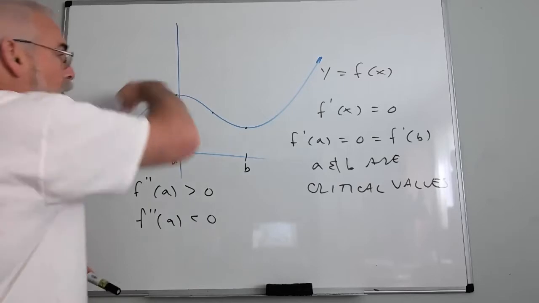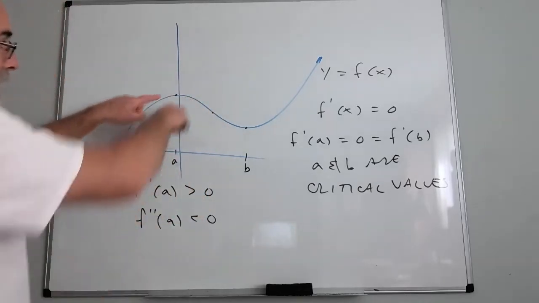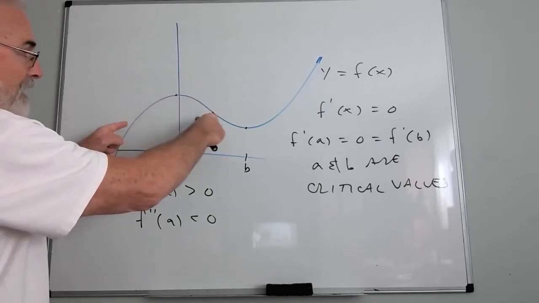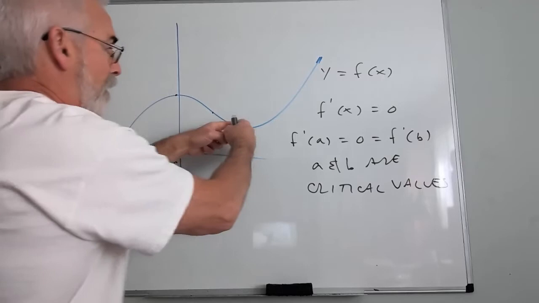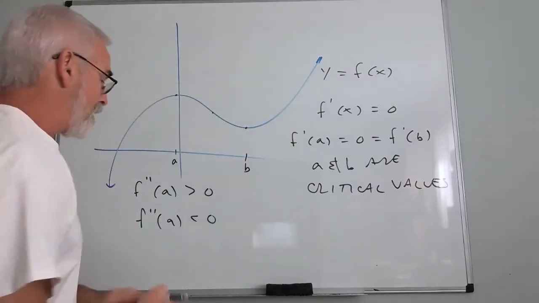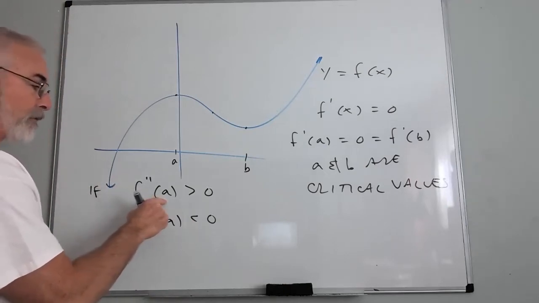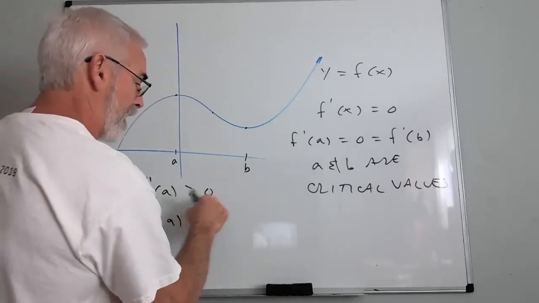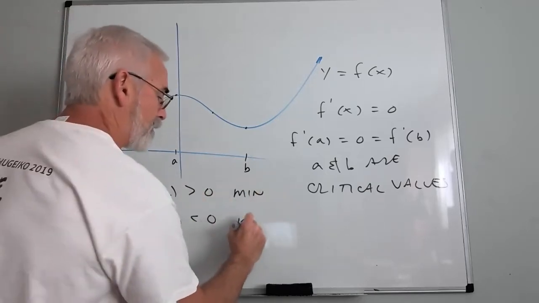Remember, if I have a horizontal tangent at A, this means I'm concave down. That would mean my second derivative is negative. Here, I'm concave up, which would mean my second derivative is positive. So we'd say if the second derivative evaluated at a critical number is positive, then you have a minimum. If it's negative, then you have a maximum.